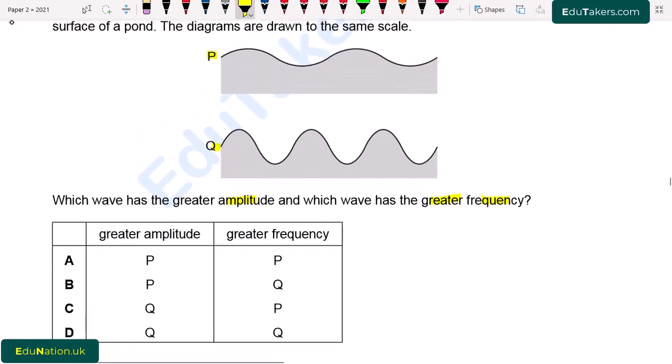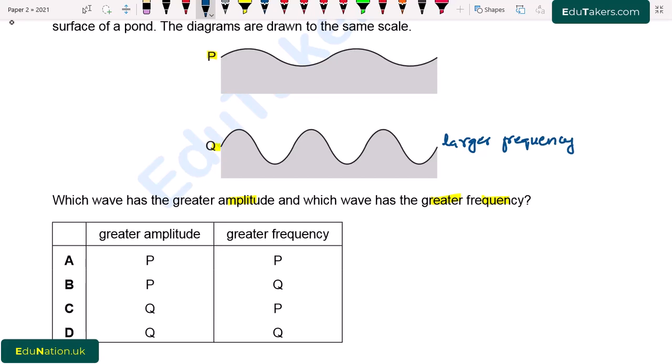So basically frequency is the total number of cycles. In P and Q we can see that the number of cycles in Q is larger. So Q has larger frequency. We also check the amplitude. Amplitude is the maximum distance from the mean line.